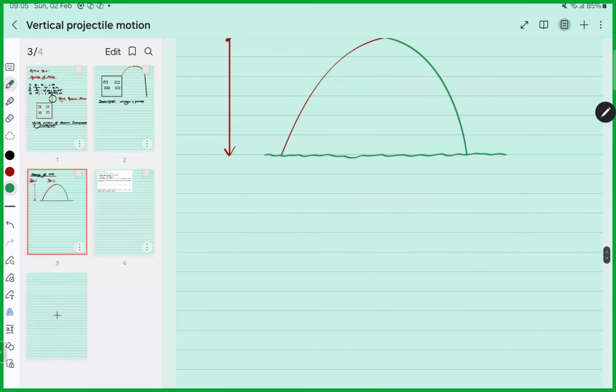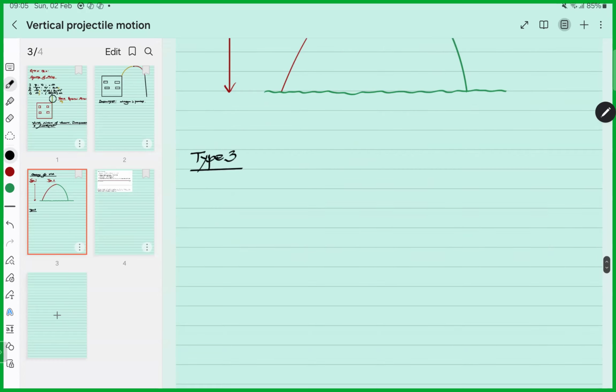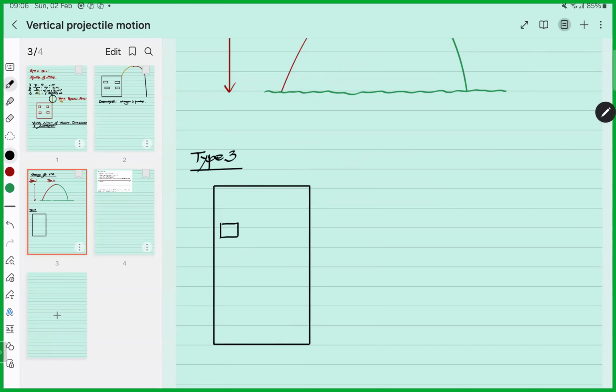Then type 3 was actually the most difficult type you could get, where you got all those changes that occurred with velocity, displacement. Acceleration is constant, but velocity and displacement varied considerably. So in this type here, you've got a building, and you're going to have an object thrown off the edge of the building.